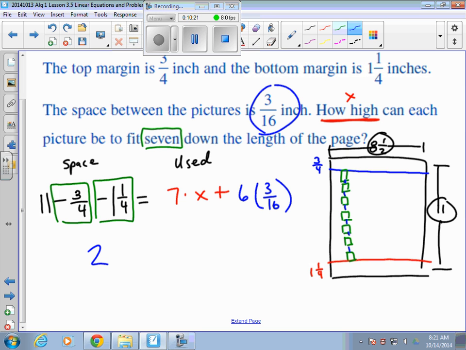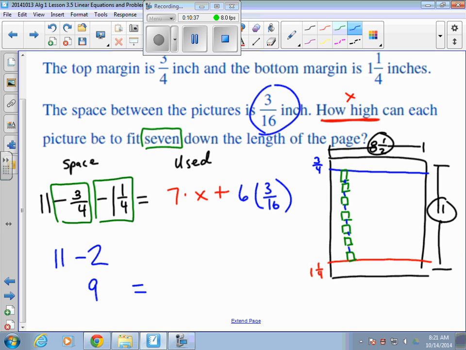And it's going to be a negative value because you add them up. So 11 minus 2 is going to simplify to 9 inches. So 9 inches is what's available. That's the available space. Then you just simplify the right side.